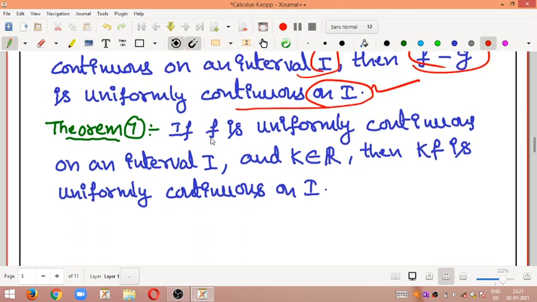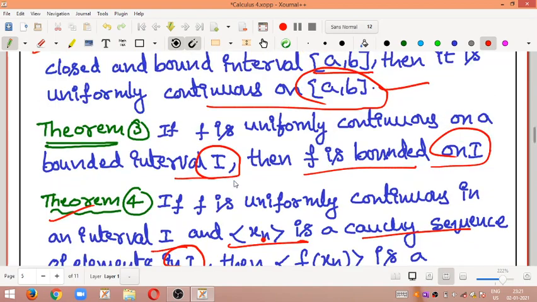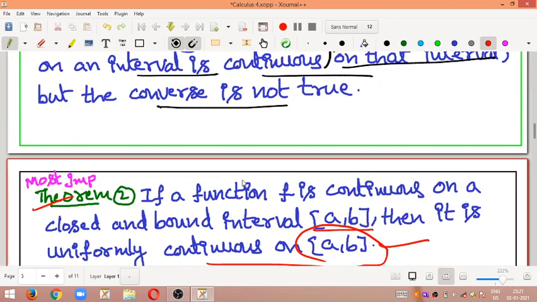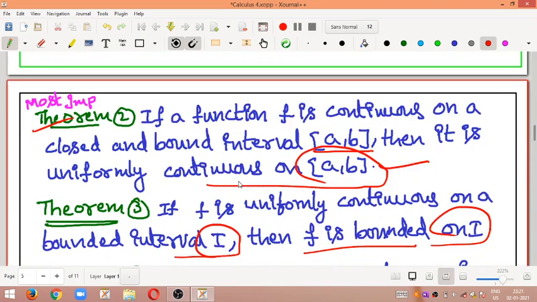Seventh theorem: if f is uniformly continuous on interval I and k belongs to R, then k times f is also uniformly continuous on I. If you know these seven theorems, you will be able to do uniform continuity problems easily.